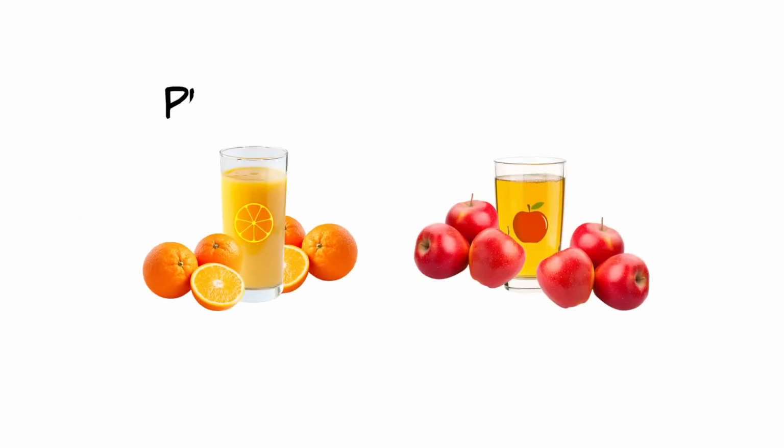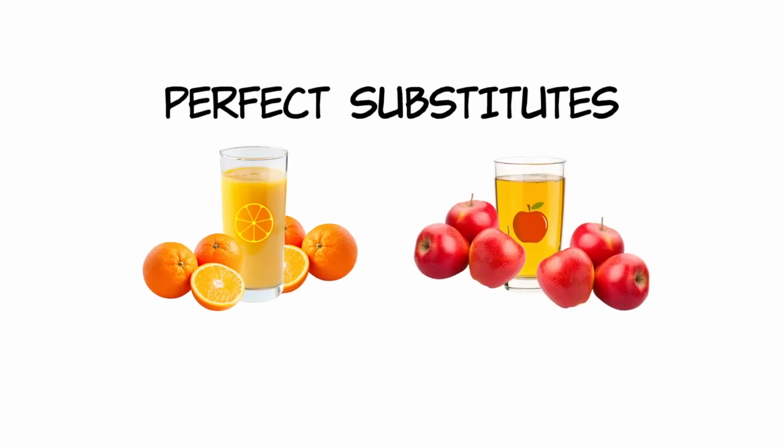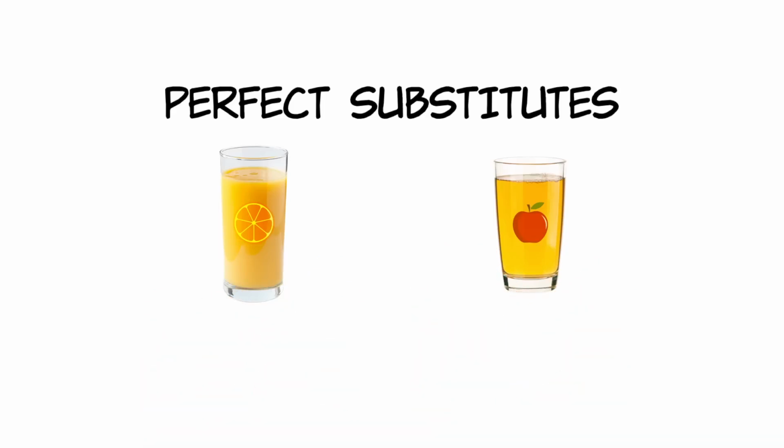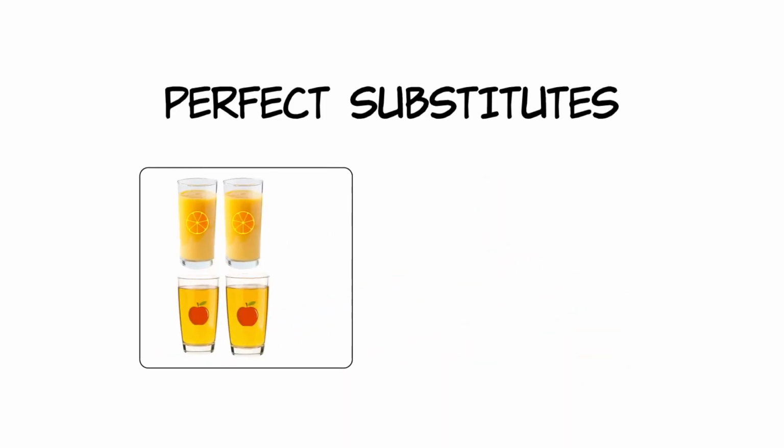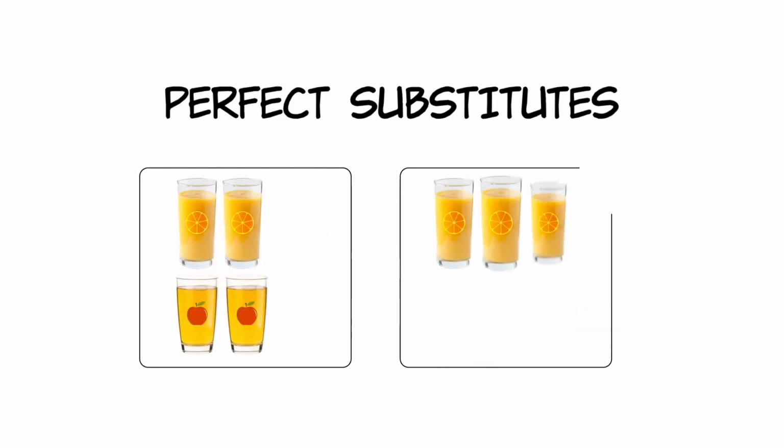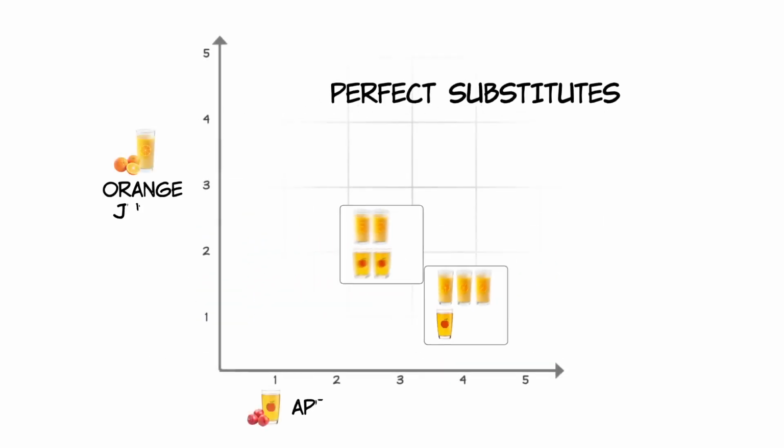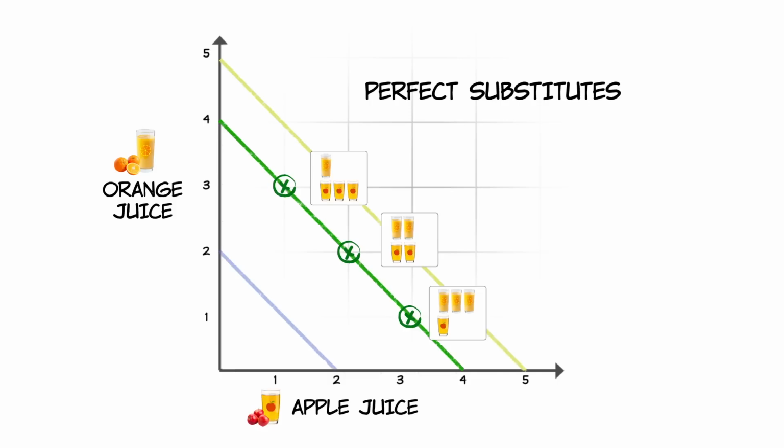To me, that's juice. Maybe you too don't care if you drink orange juice or apple juice. In this case, you will be equally happy if you drink 2 glasses of orange juice and 2 of apple juice, or if you drink 3 glasses of orange juice and 1 of apple juice. Here, your marginal rate of substitution is constant along your indifference curves, and is 1.